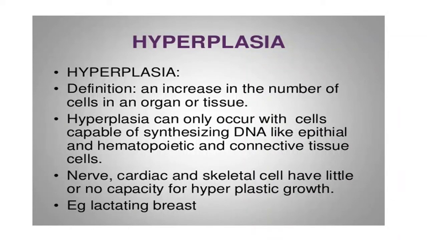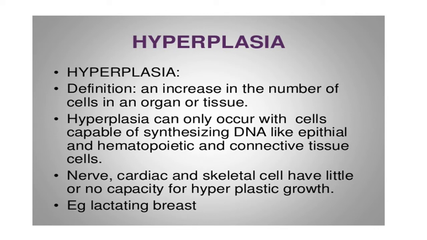Hyperplasia, per definition, I already said, is an increase in the number of cells in an organ or a tissue. So let's say that if a cell is supposed to produce 4 daughter cells and it produces 8 daughter cells, it has become hyperplasic. It has increased in number. So hyperplasia can only occur with cells capable of synthesizing DNA like epithelia and hematopoietic and connective tissue cells.